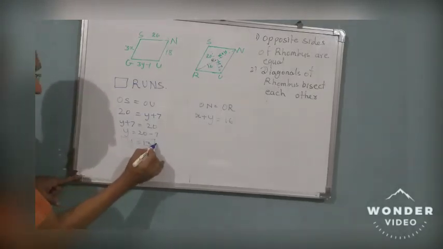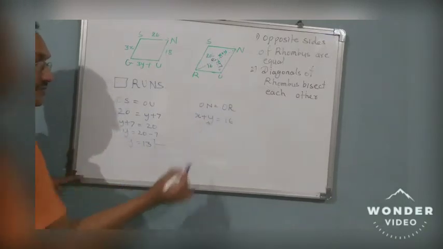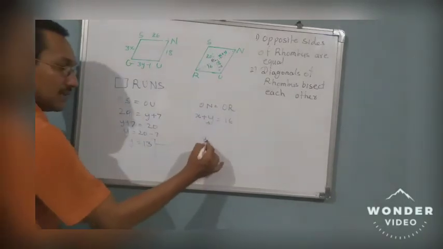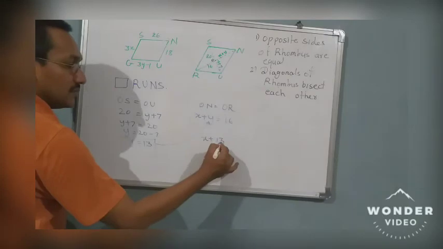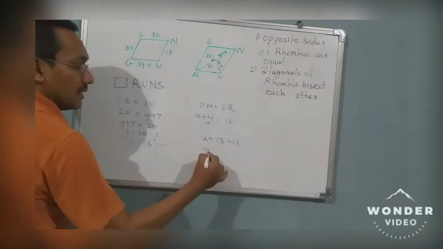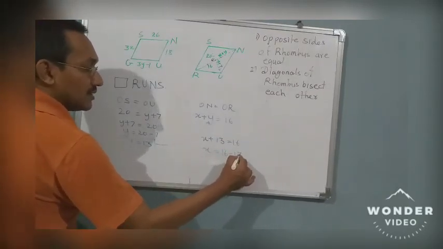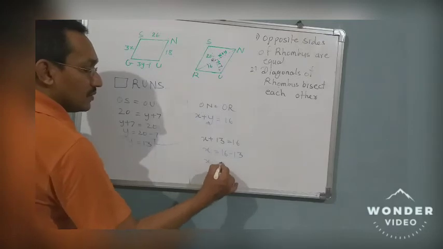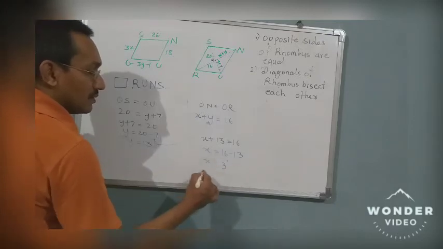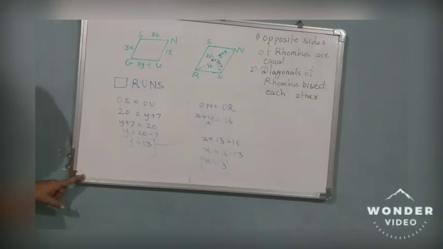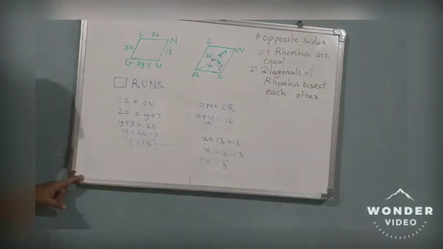I am going to substitute this value of y into this particular equation. As a result, I am getting x plus 13 is equal to 16. X is equal to 16 minus 13. X is equal to 3. So we are getting two answers over here: x is 3, y is 13.